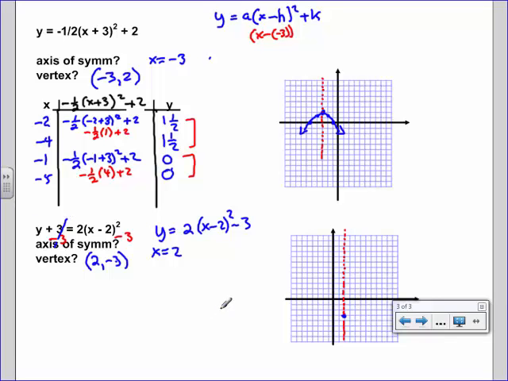Now you can make some predictions about this, and I'll let you finish this one on a table. Looking at this, from what you've learned in the past, it's positive, so you know it should be an upward parabola. And from what you also learned in the past, when you have a number greater than 1, like a 2, just as if it was in standard form, it should make this a narrower or steeper parabola.